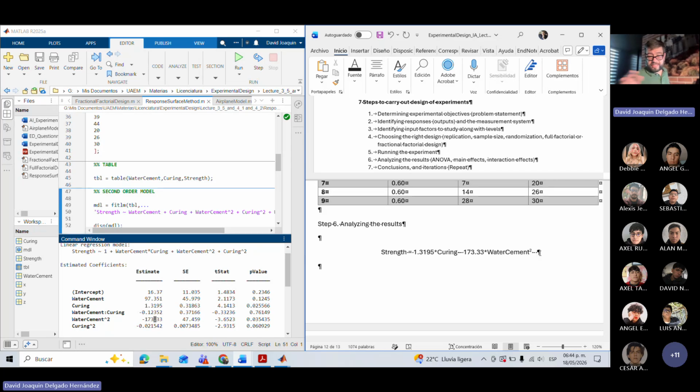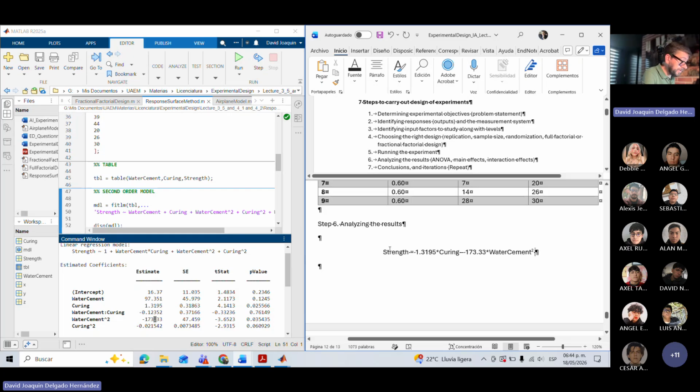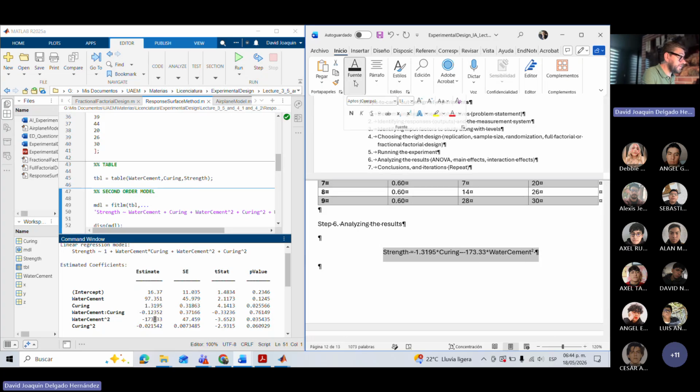So this is higher. As a conclusion, the last term doesn't matter as well. So that is my model. It's a very simple model.